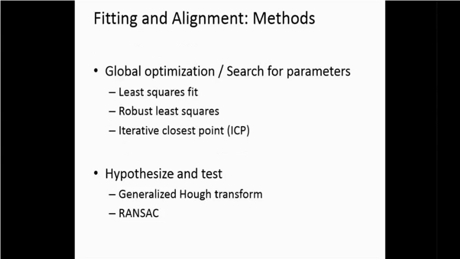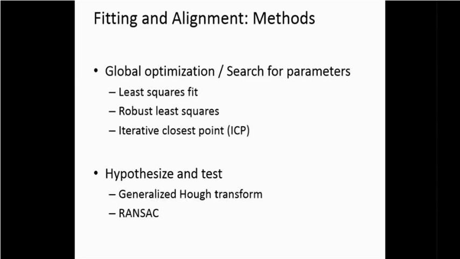So I'm going to talk about several different methods. So it's kind of a survey of your tool set for fitting and alignment. And I'm going to use line fitting as an example, but these methods will also pop up throughout the semester because they're used for photo stitching to create panoramas. They're used for structure from motion. They're used for object instance recognition.